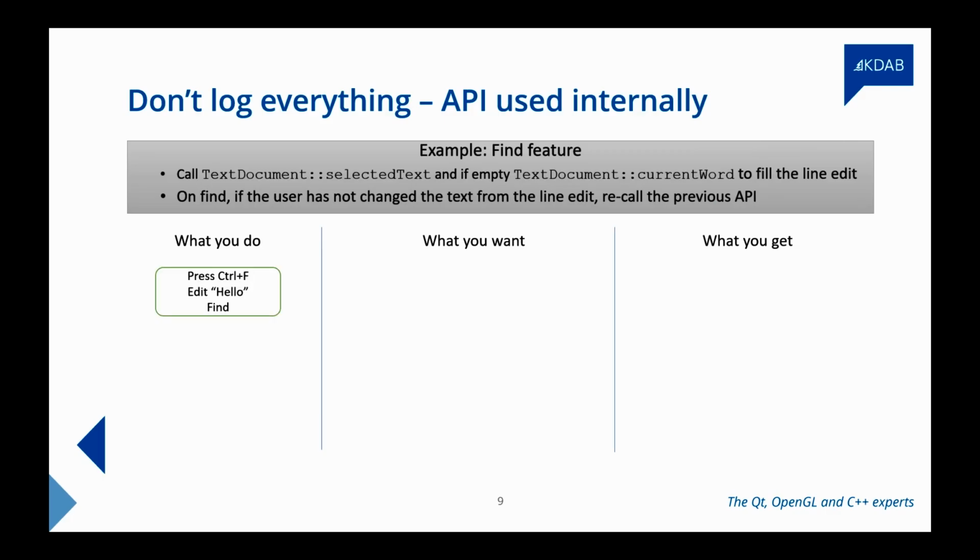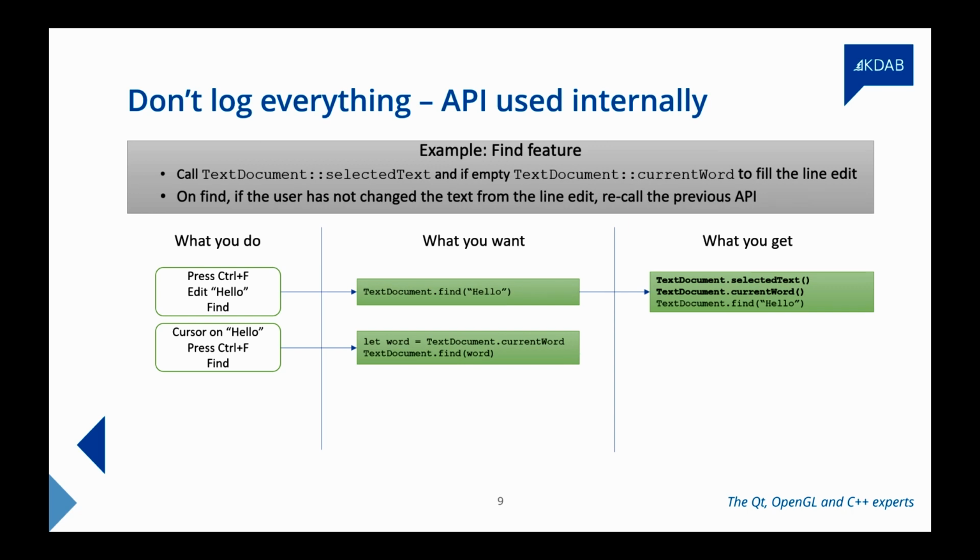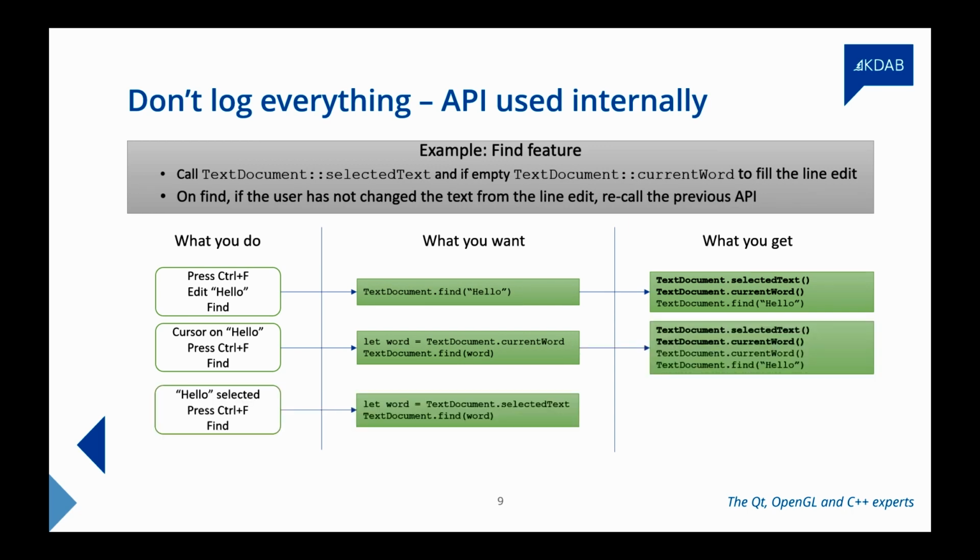So if I'm pressing Control F and I type hello in the line edit of the search box, what I want is just TextDocument.find hello. What do you get? You get selected text, current word, and then the find. And that's the same for different scenarios here, when I have the cursor on hello, or when I have the hello text selected. So as you can see, you are logging way too many things.